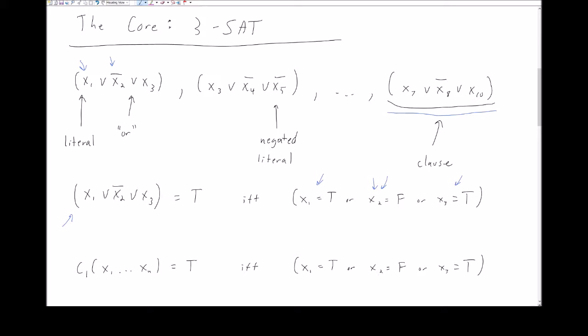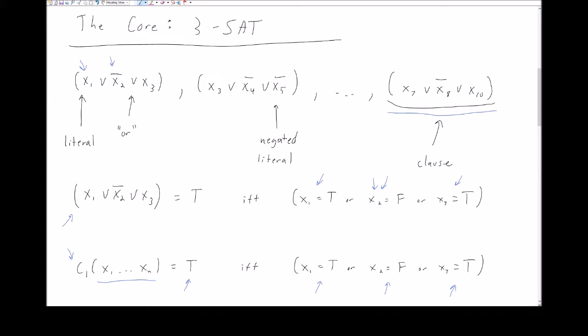In general, we're going to think of clauses as functions on the literals. So in this case, clause 1 is the function of all of the literals, and it's set to the value true only when x1 is true, x2 is false, or x3 is true. So a clause is a function from literals to truth values.